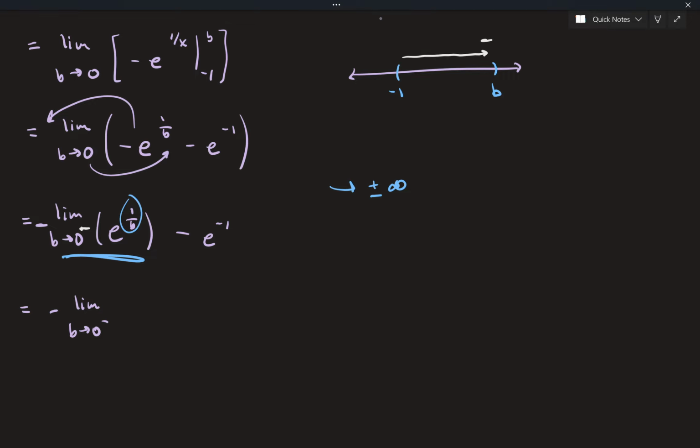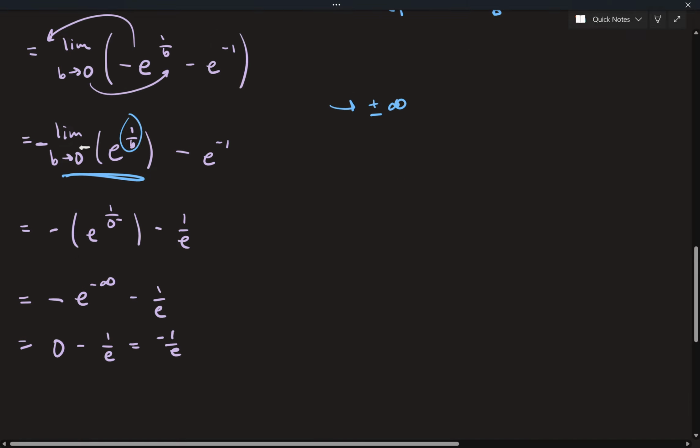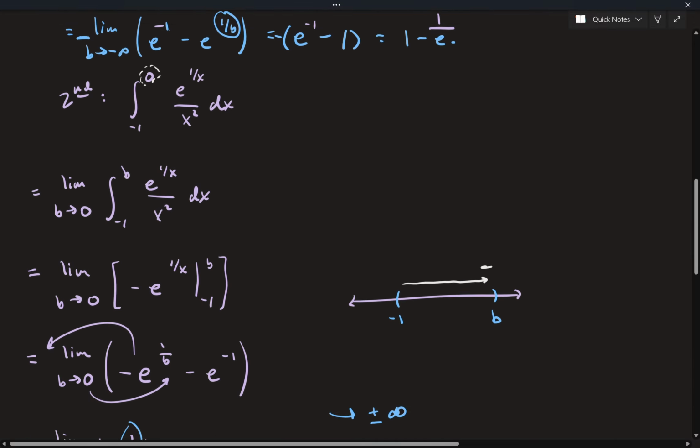So that'll be e to the 1 over 0 minus 1 over e. That's negative e to the negative infinity. Negative 0 is just 0, and I get negative 1 over e.